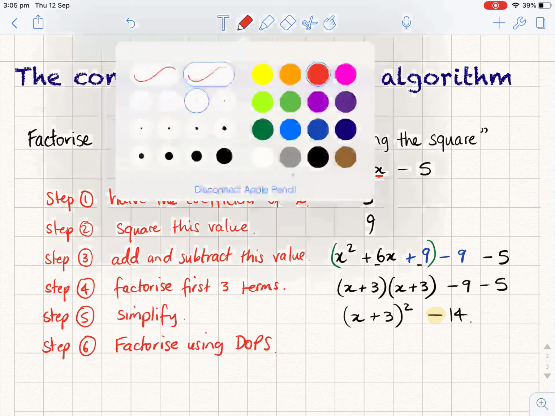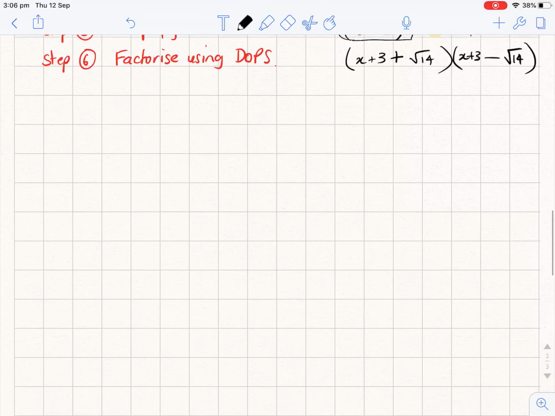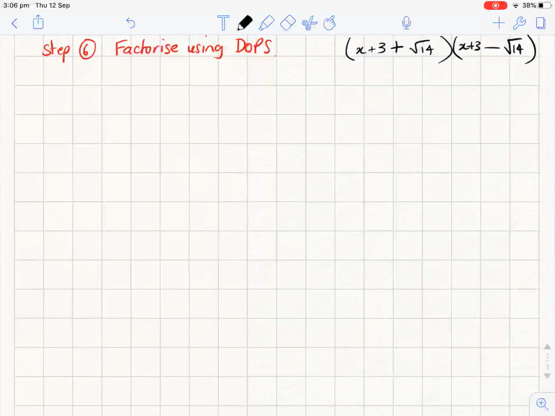I end up with 2 brackets, one with a plus, one with a minus, and I need the square root of the first term in the first spot. So the square root of x plus 3 all squared is just x plus 3. And I need the square root of the second term in the second spot. Square root of 14 is the square root of 14. And that's fully factorized.